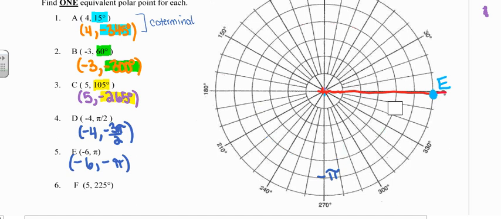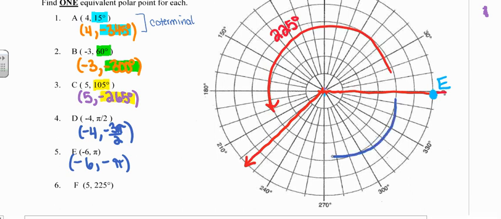Point F is going to have an angle measure of 225. So again, if we're going counterclockwise, we're going a positive 225.